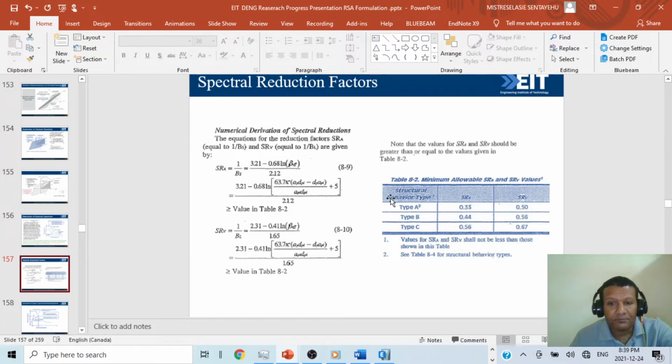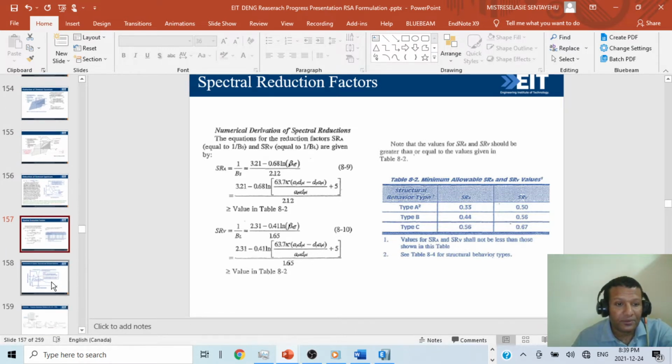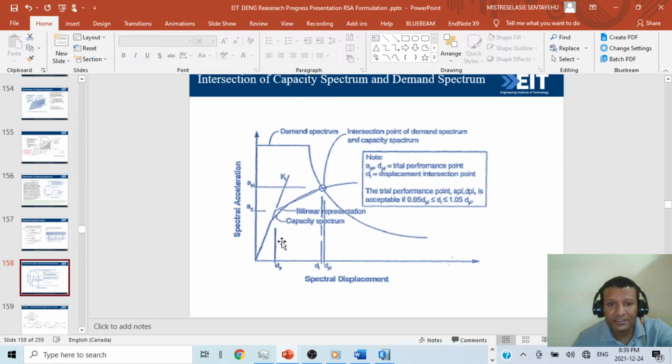But in this formula, we have B effective, you see. So how to know that? Because once we apply the capacity curve and the demand curve, we have the demand curve, now we reduce it, and we have the capacity curve. So by linear idealization, we have a bilinear representation.